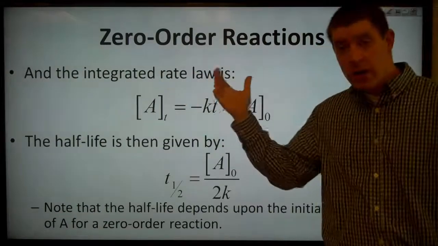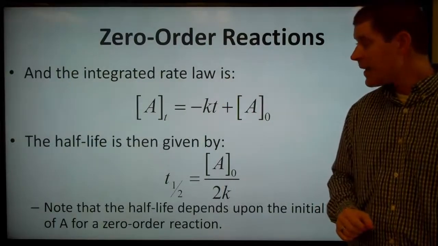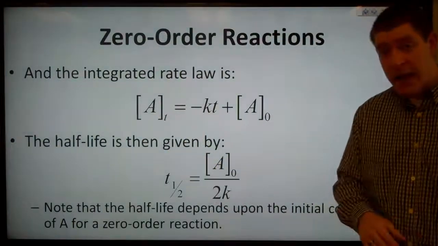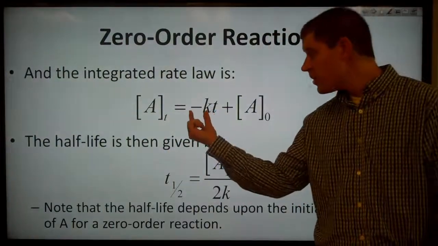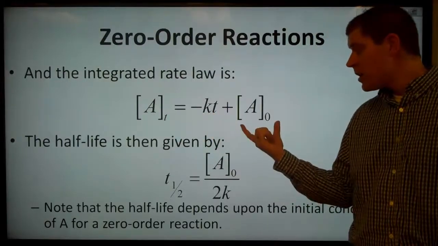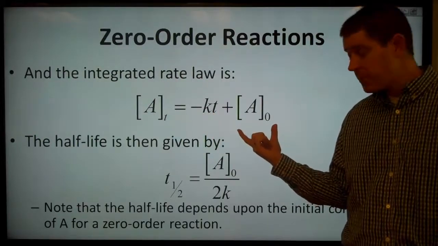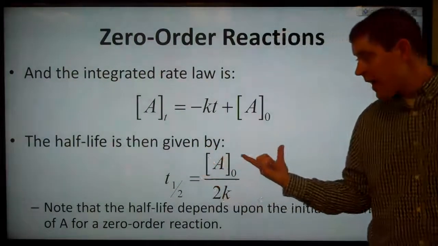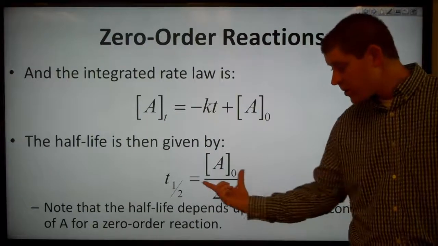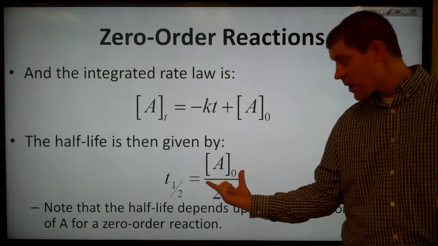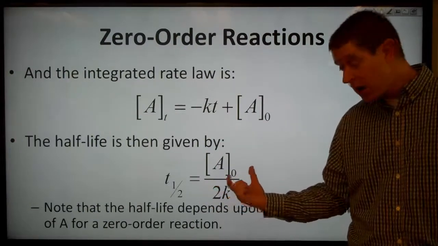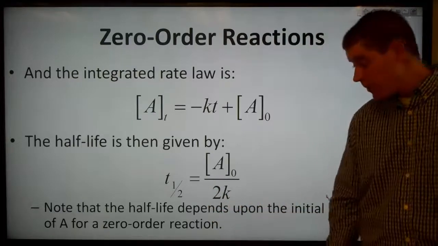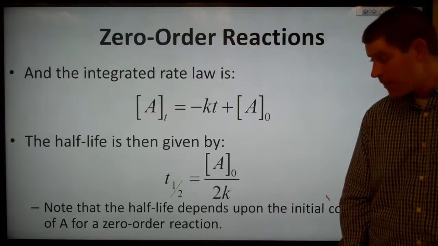So, if we integrate and get our integrated rate law, again, I'm not going through the derivation, we get the concentration of A at some time t is equal to negative kt plus our initial concentration of A. So, this means that the half-life is given by this equation: t1/2 is equal to our initial concentration, A naught, divided by 2 times the value of our rate constant k.